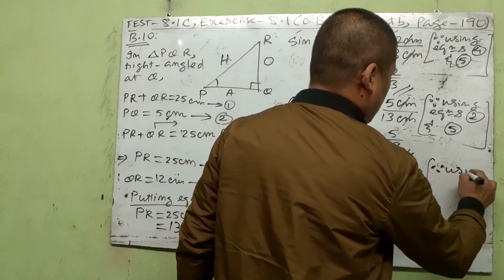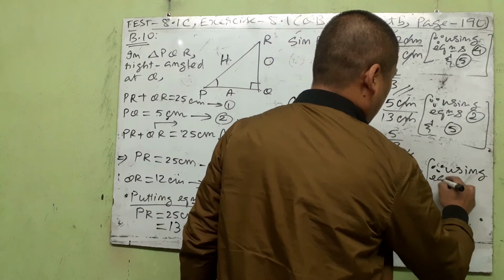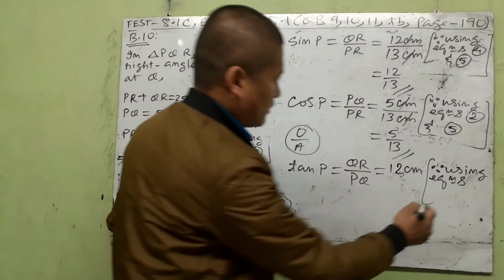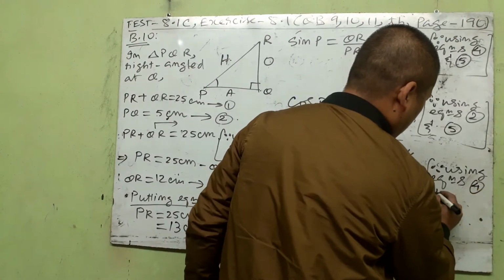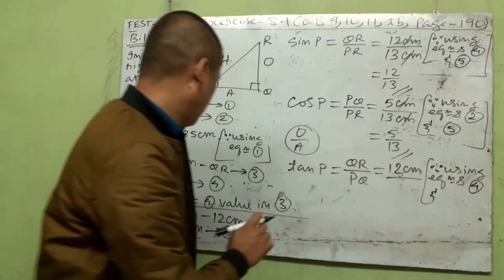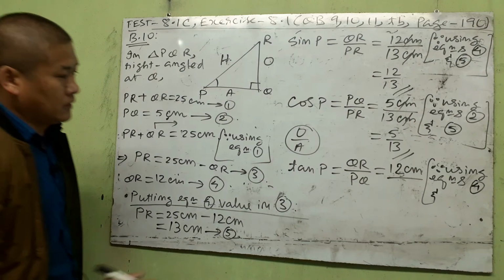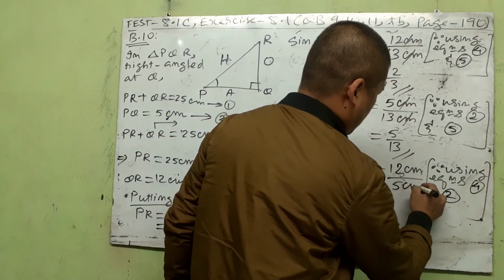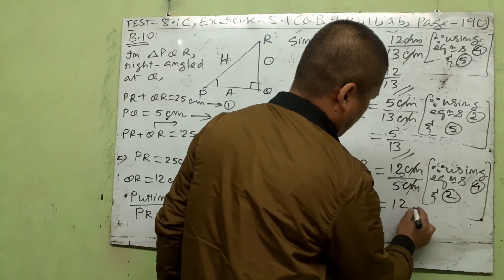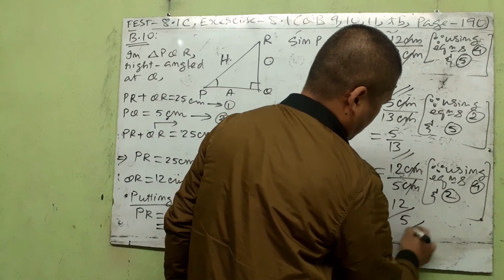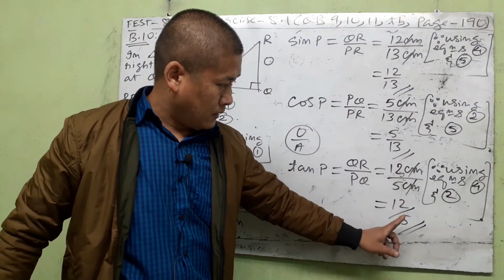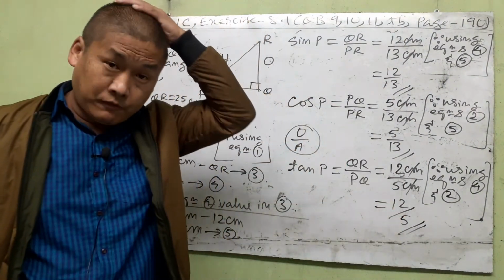Since using equations, 12 you're getting from equation 4. So write your 4, and divided by PQ is 5, so that is equation number 2. So here 5 centimeter. These two cancel, so your third answer is 12 by 5. So these are just 12 by 13, 5 by 13, 12 by 5.